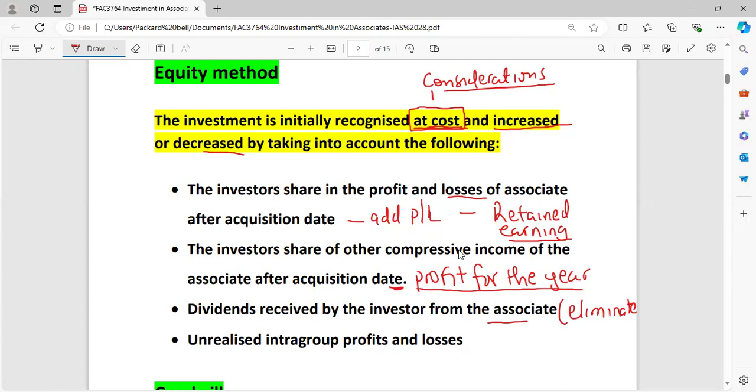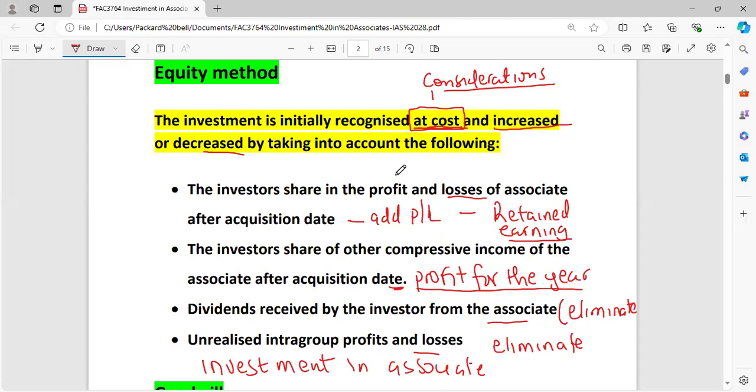Then if there is any unrealized intra-group profits, you also have to eliminate. Then your final answer will be the investment in the associate.